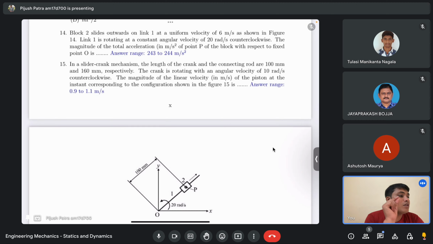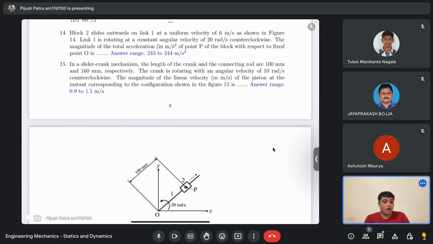The magnitude of the total acceleration in meter per second square of point P of the block with respect to fixed point O is asked. So, if the rod is not rotating, what will be the acceleration of block 2?